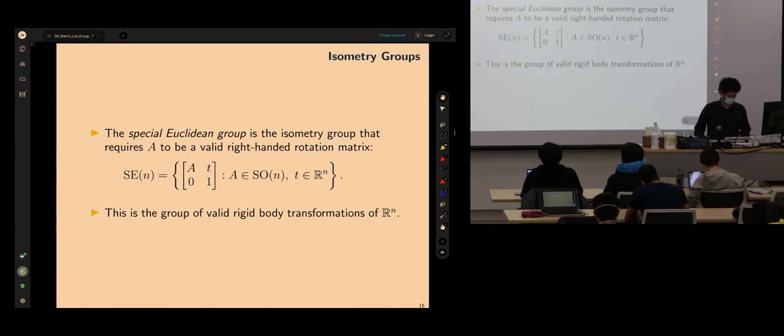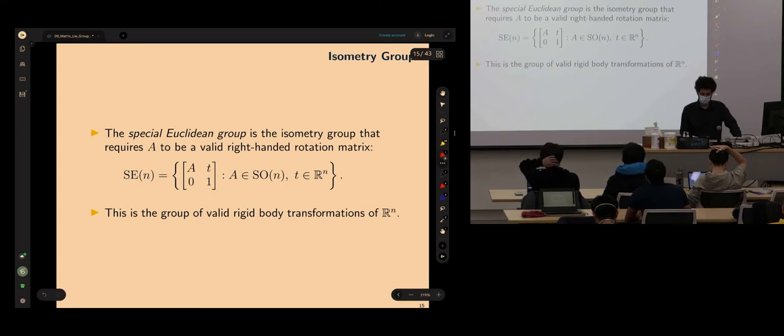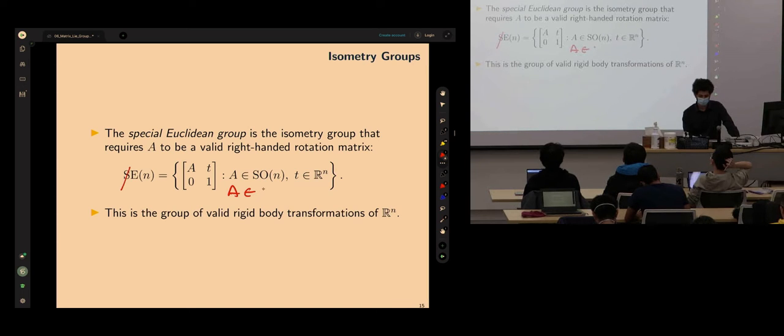So an important group that captures the isometries of the Euclidean space is the special Euclidean group. Now you know that if you drop S, this is a Euclidean group that probably is just any transformation.